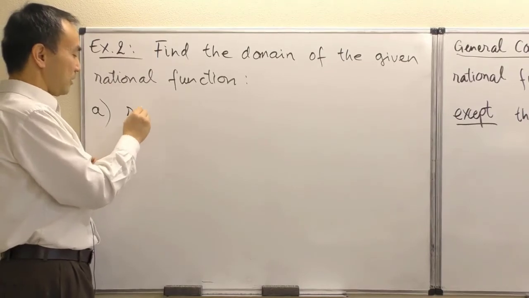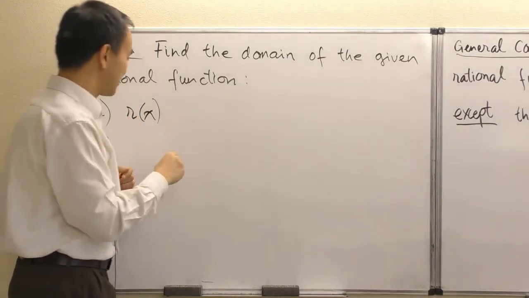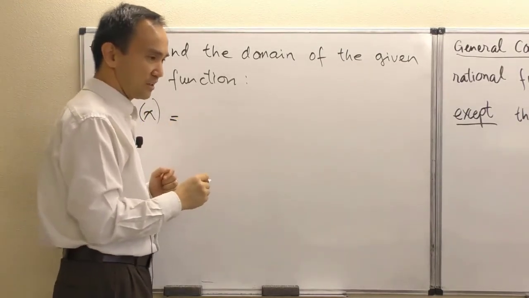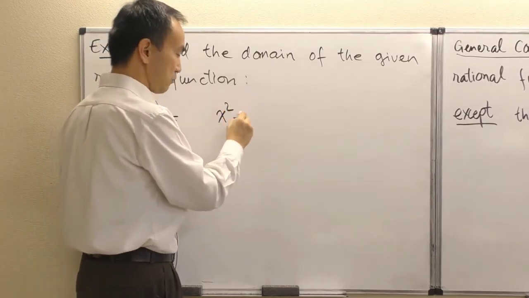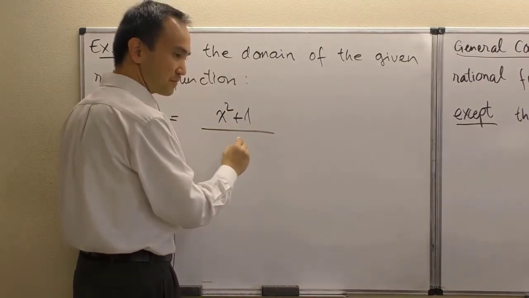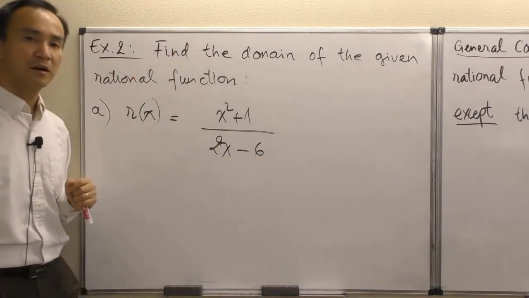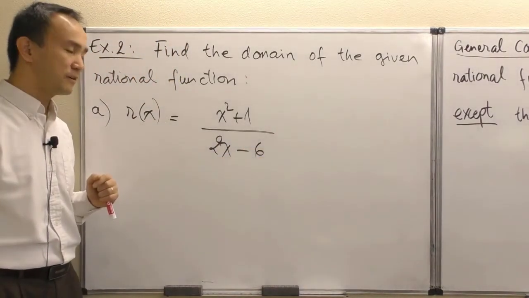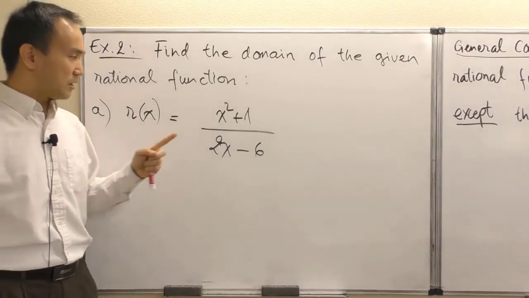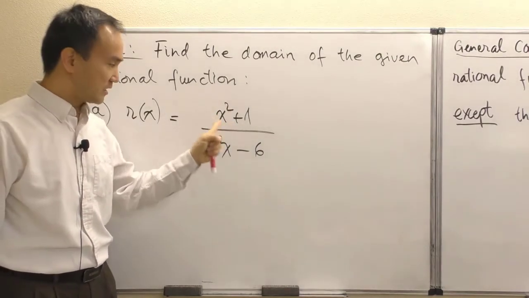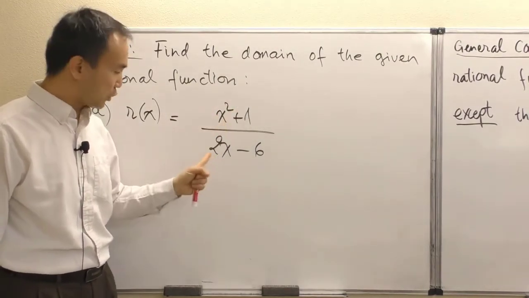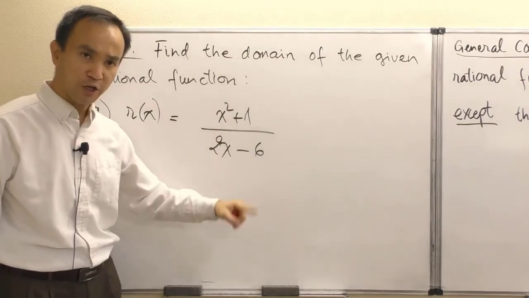So R of x, the first rational function in our Example 2, is x squared plus 1 over 2x minus 6. x squared plus 1 is a polynomial. 2x minus 6 is also a polynomial.